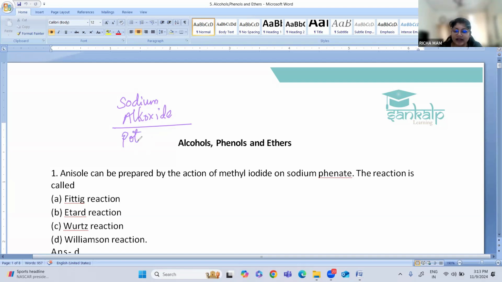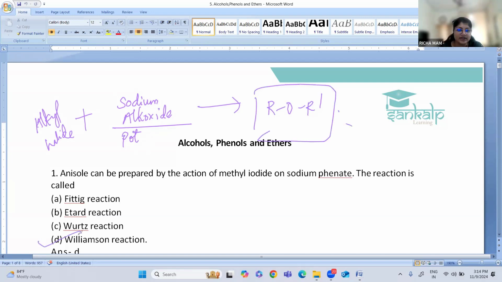Here they have taken a benzene ring. Plus you take an alkyl halide, and you get R-O-R', an ether. So our answer is option D, Williamson ether synthesis. Okay, let us go for the next one.